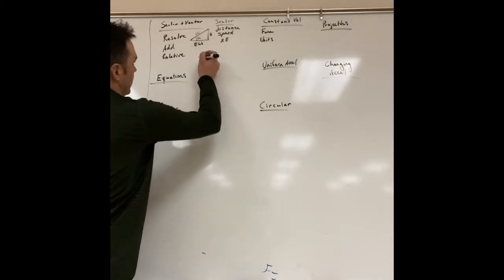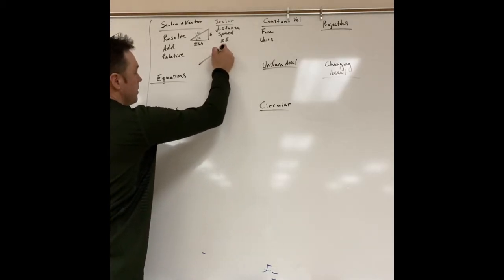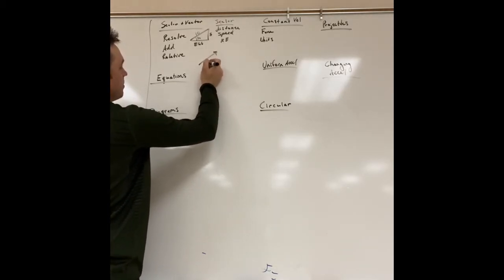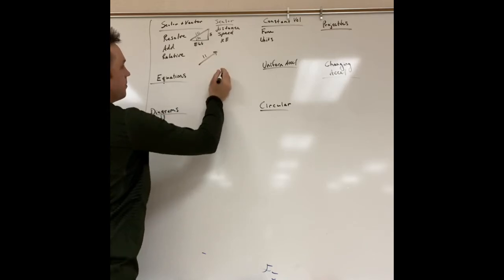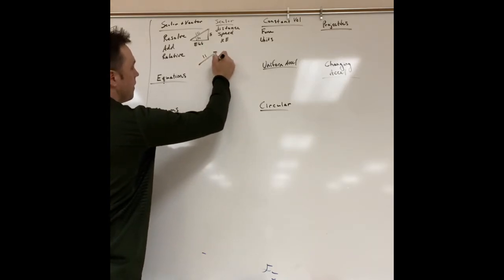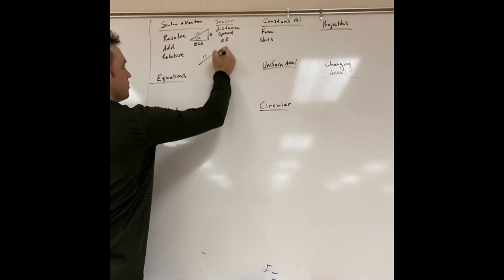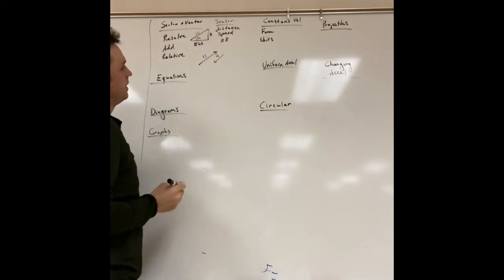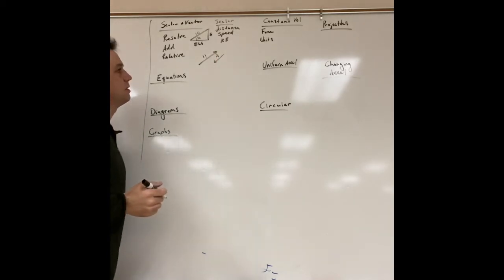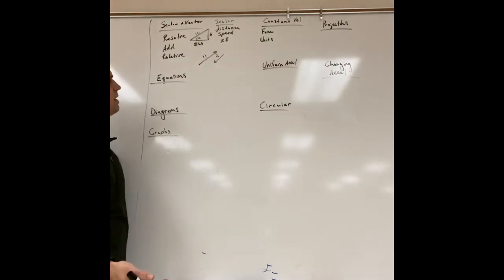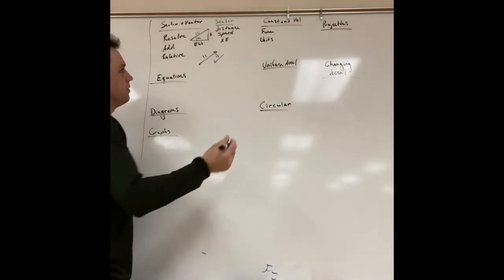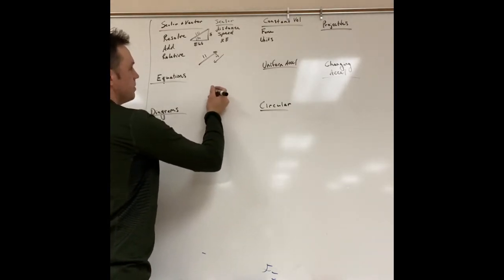So if I had a vector like that, we'll make that one 11, and that, which is 4. I can add them because they're not exactly parallel, they're anti-parallel, but you'd add them and you'd get 7, right?